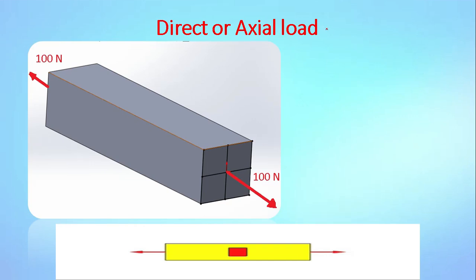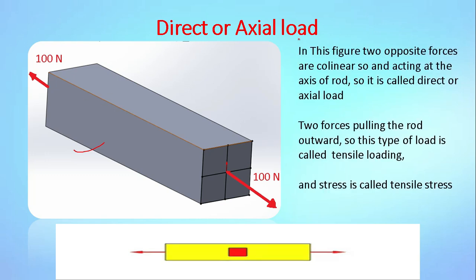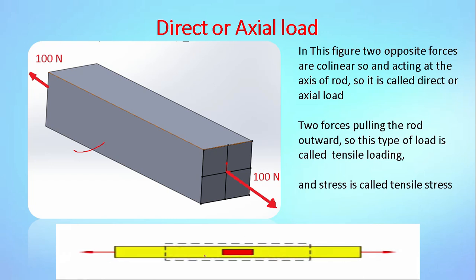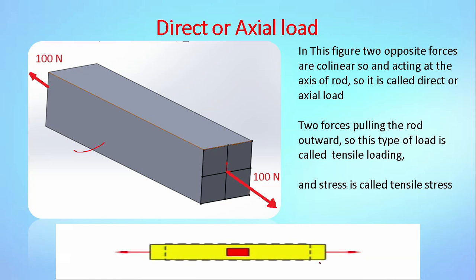Direct or axial load. Here in this figure we can see this body. The load applied is along the axis of the body, so this type of load is called axial load. Here you can see this animation. Due to the axial load, the length of the body will increase.